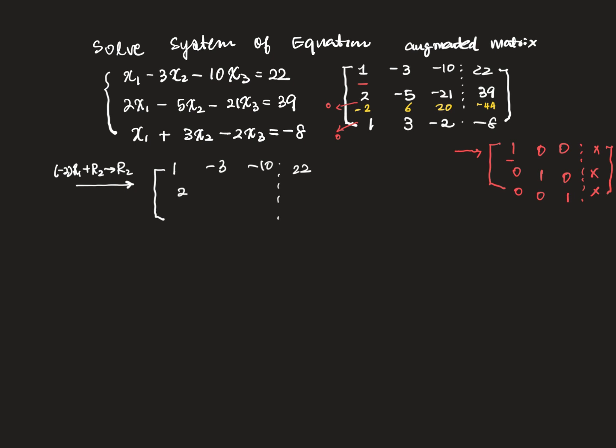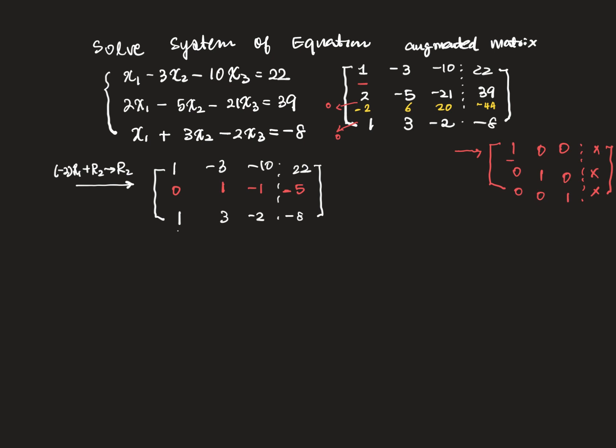The second row changes: 0, 1, negative 1, negative 5. Does everything make sense? Okay, the last row doesn't change: 1, 3, negative 2, negative 8. Good job.